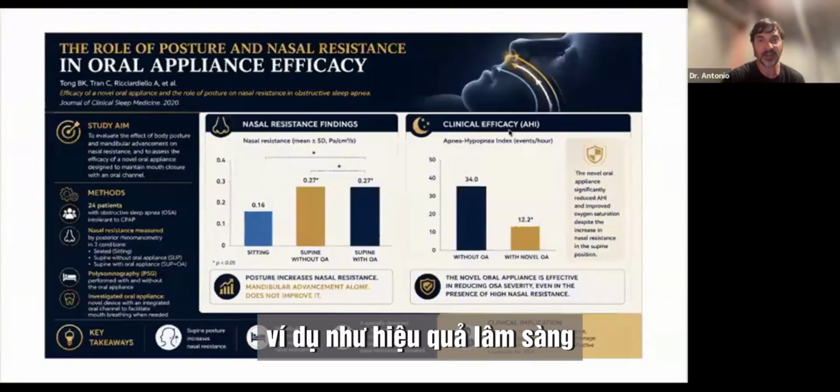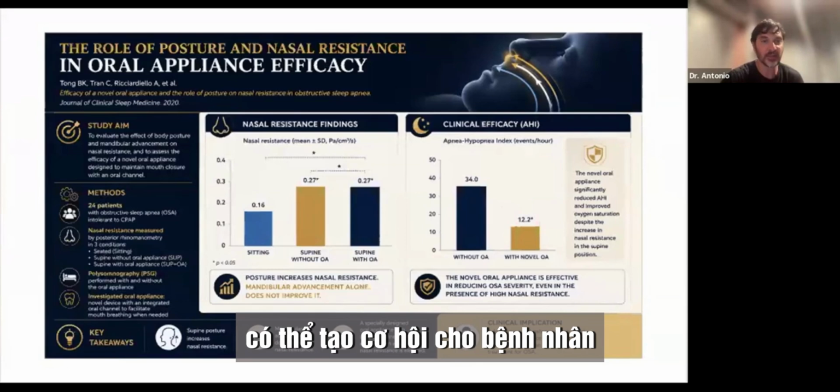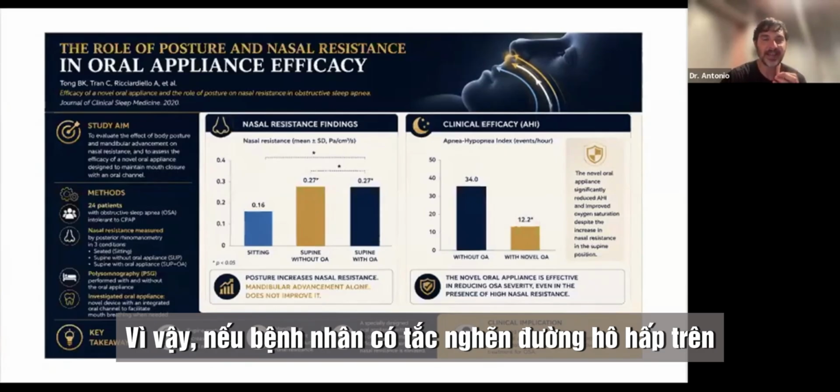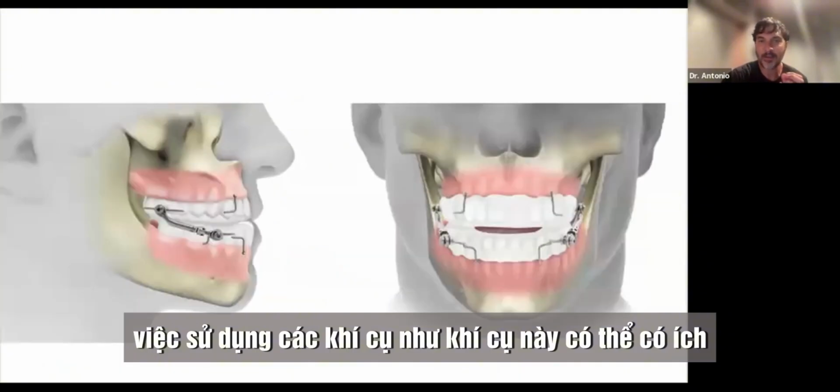For example, the clinical efficacy without oral appliances and with oral appliances that give the patient the opportunity to breathe normally is mandatory. So if the patient has some obstruction of the upper airway, it can be useful to use a device like this one.